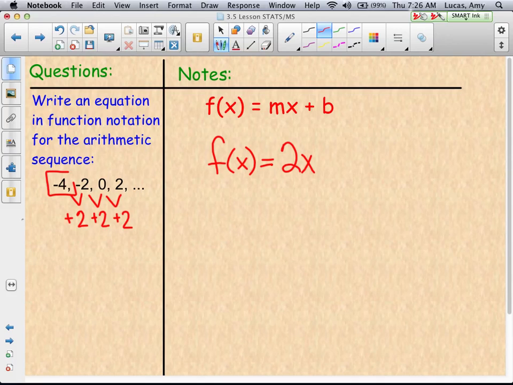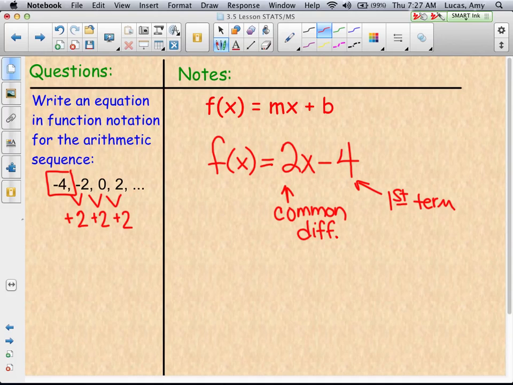And then I need my first term. It's -4, so I will just write -4. If you want to, you could write plus -4. It means the same thing. So common difference goes in front of x. Common difference. And then first term is b.